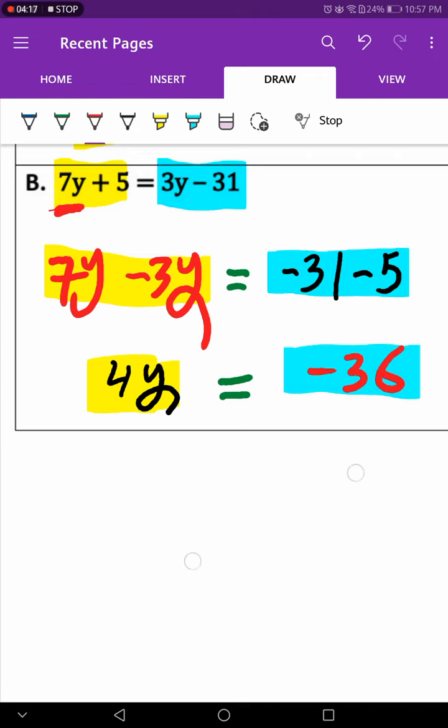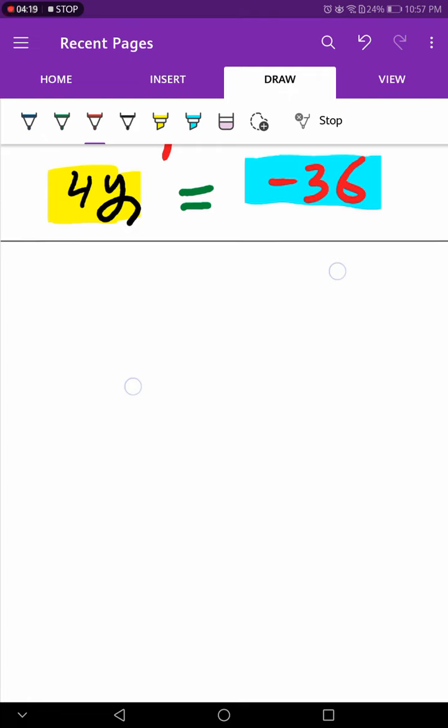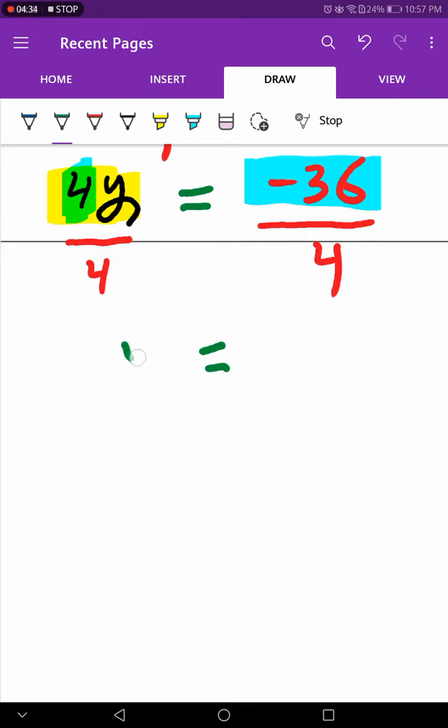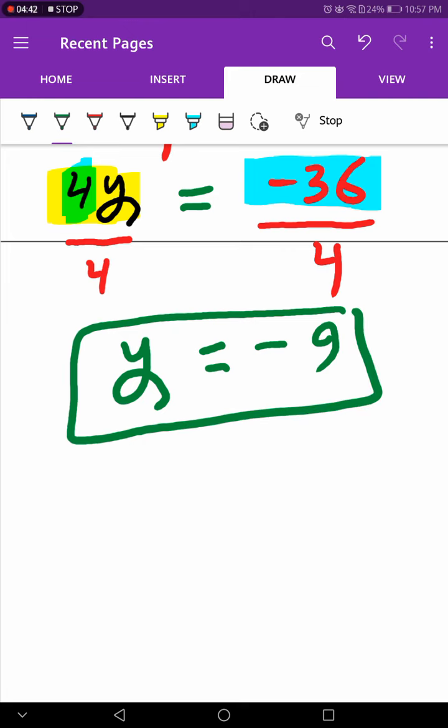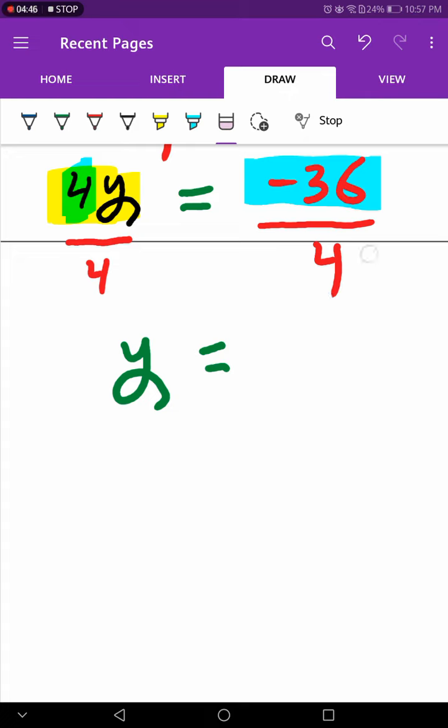In this case, I'm trying to make the y alone as usual, and the coefficient here is 4, so I will divide both sides by 4. So the y is coming happy and alone, and here I have negative 9. Okay, my dear student, so this is the solution.